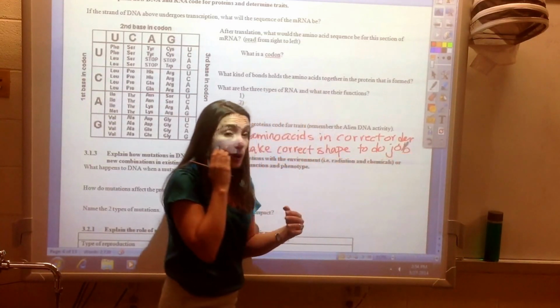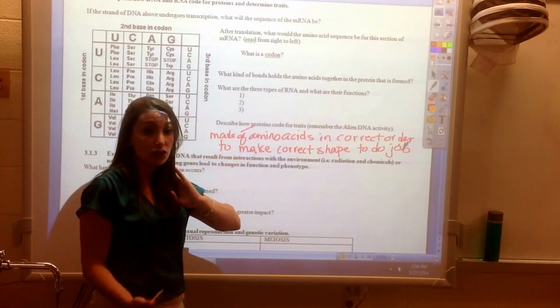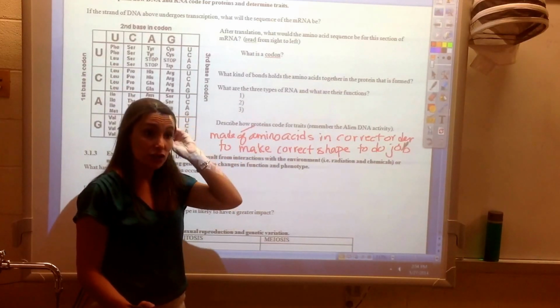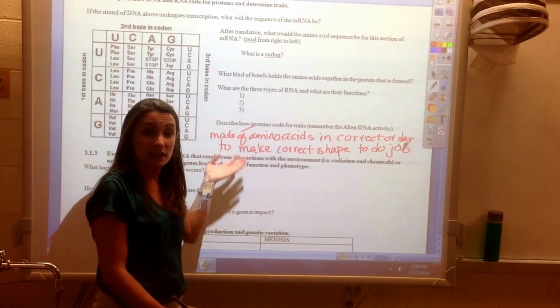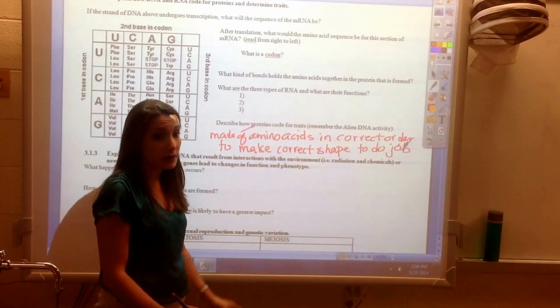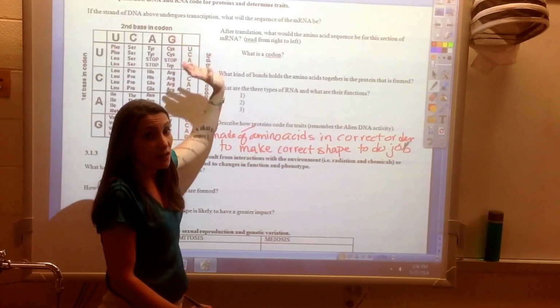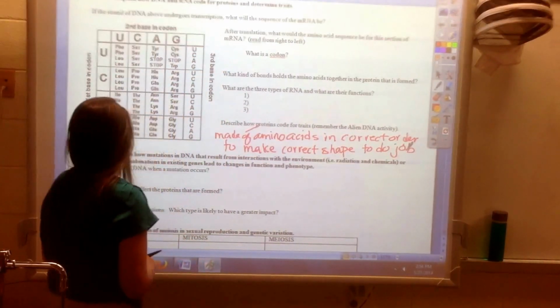So for example, if you are an enzyme, we need that enzyme to be the right shape so that the enzyme can do its job. If the enzyme is the wrong shape, then it won't give us the same trait. And this is how we have different versions of a trait, because some people's DNA is different, they get different proteins, and the proteins do different jobs.